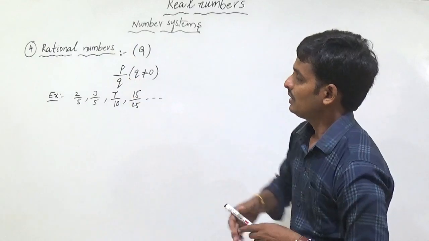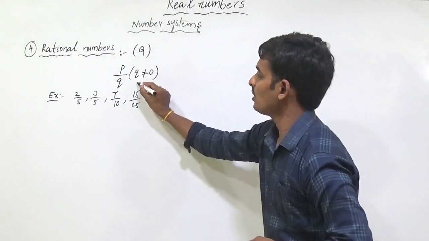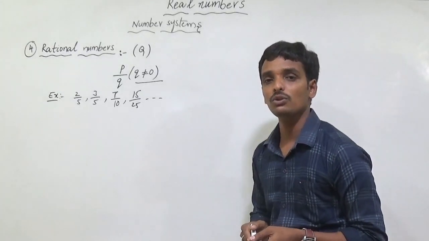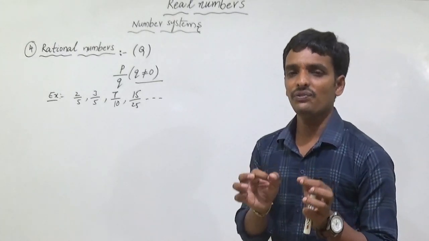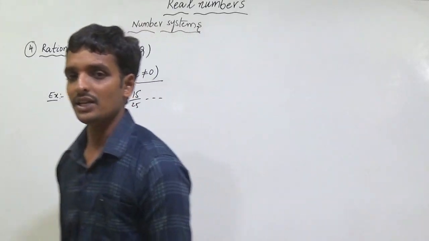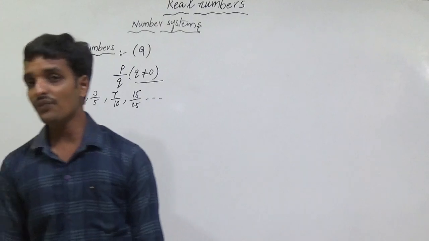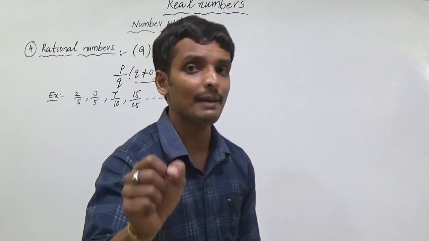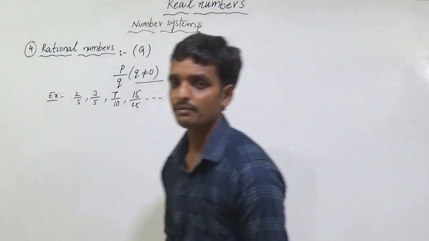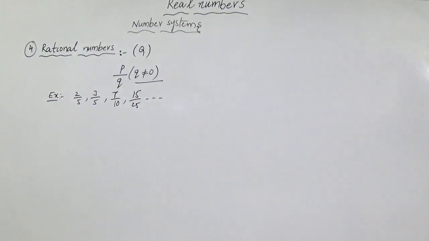So here I told you one condition. The condition for rational numbers is that the denominator Q is not equal to 0. If Q is equal to 0, what will happen? Tell me the answer.